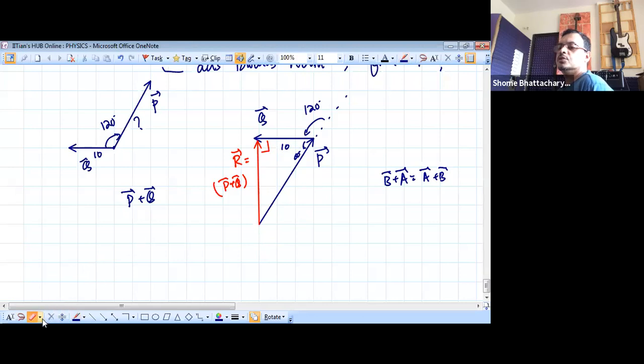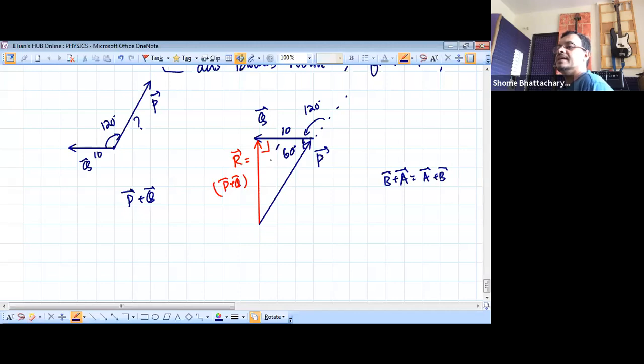From that, now you can show how much the magnitude of P should be. This angle is 60 degrees, this interior one, and this is 10.